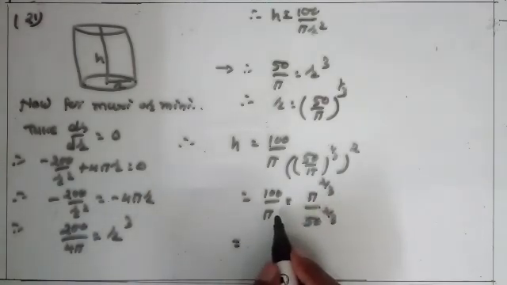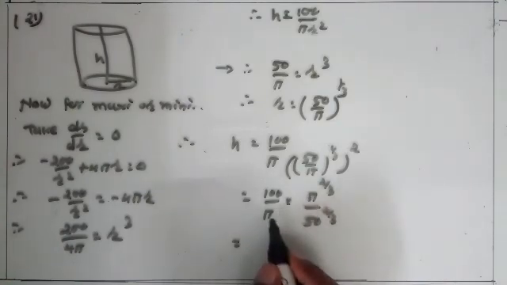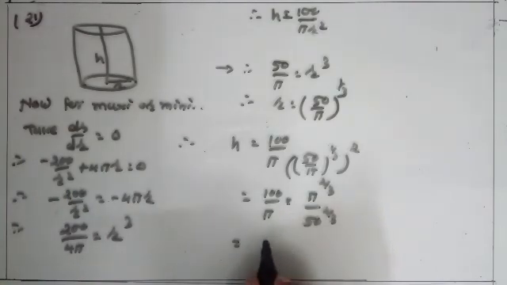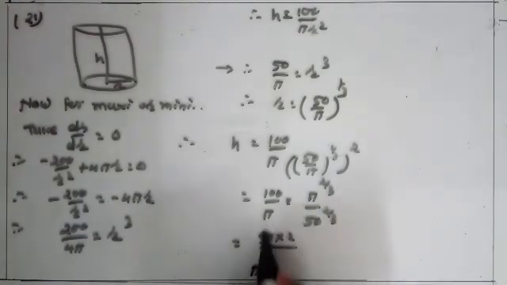So pi upon pi raised to 2 by 3, and 100 is equal to 50 into 2, becomes pi raised to 1 minus 2 by 3, becomes 1 by 3.